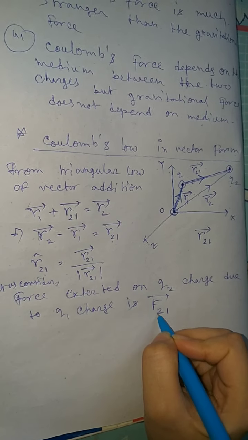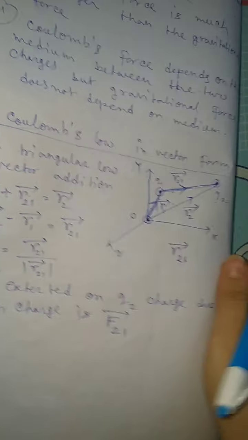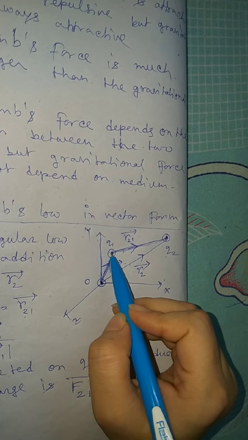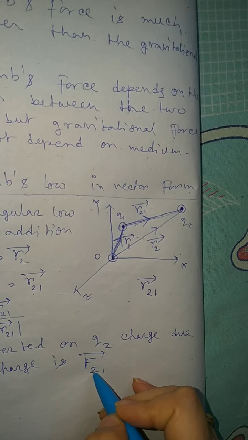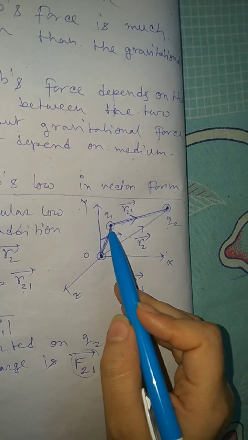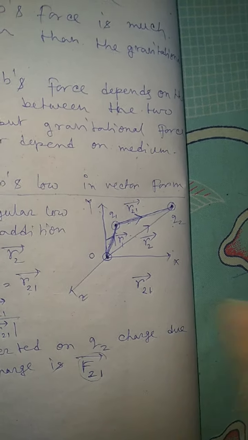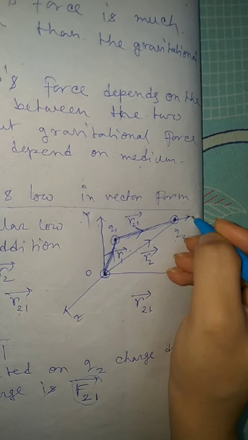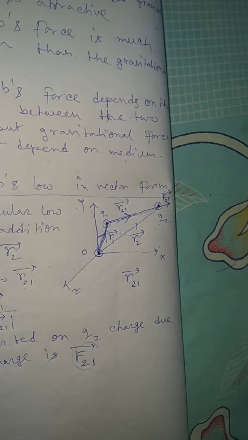F21 represents force exerted on Q2 charge due to Q1 charge. So what is the direction of F21? If these two charges are similar charges, then the nature of F21 is repulsive, right? So this one is the repulsive force because Q1 and Q2 both are positive charge or negative charge. If both are like charges, then the direction of F21 is along this side. So this is the direction of F21.